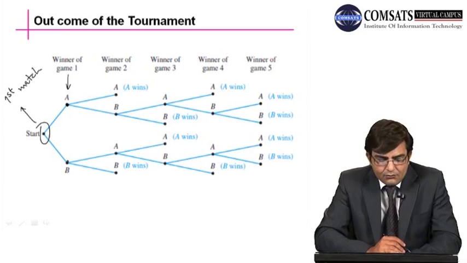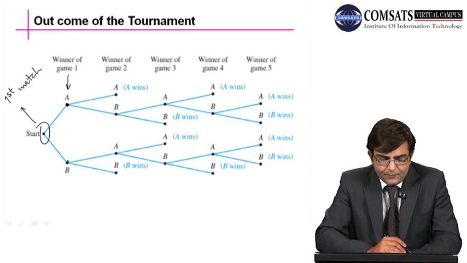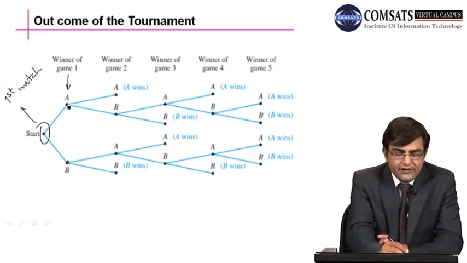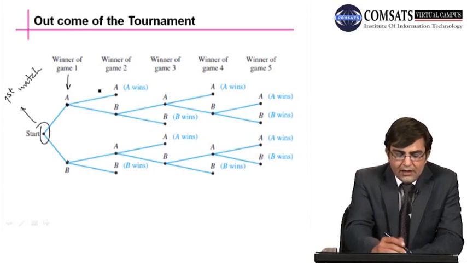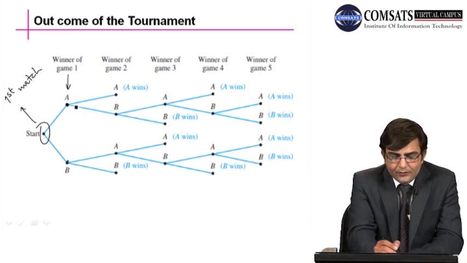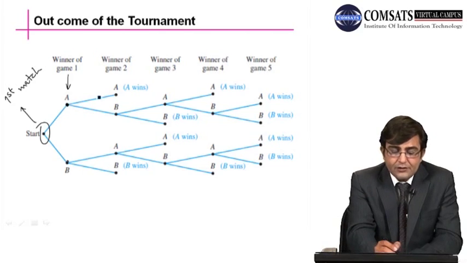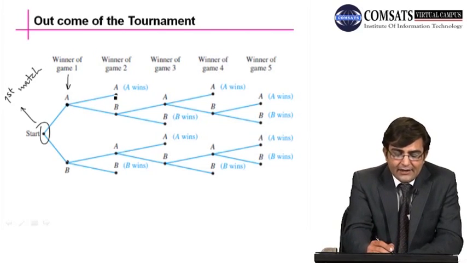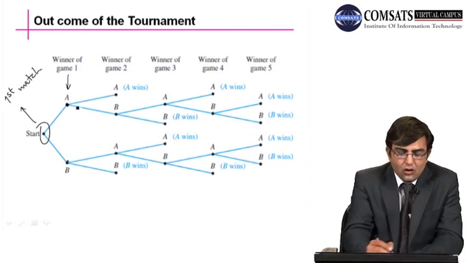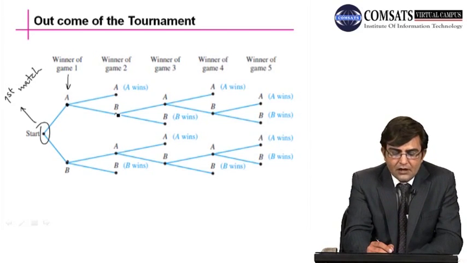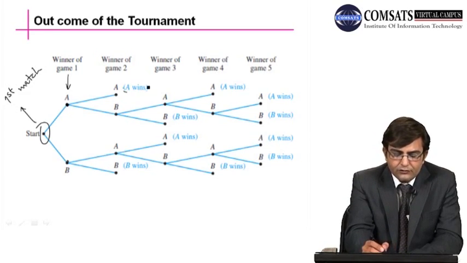Now in the second game we have four possibilities. In the first game A wins. Now in the second game we have two possibilities related to A. In the second game either A wins or B wins. So if A wins the second game, then A is the winner of the tournament.